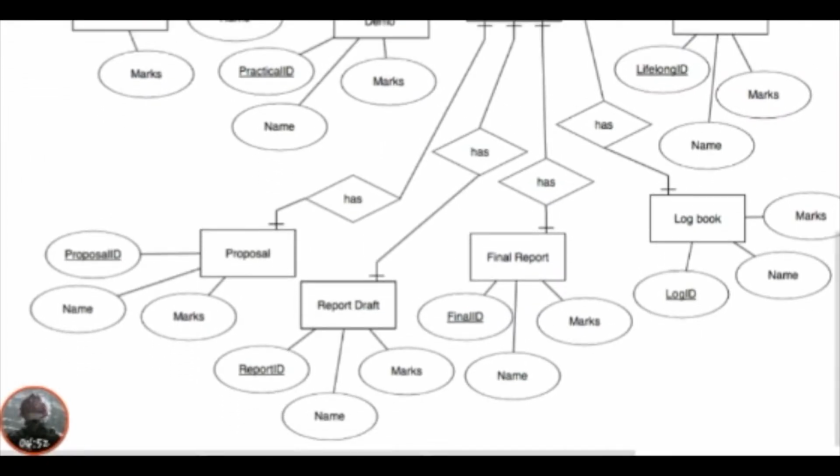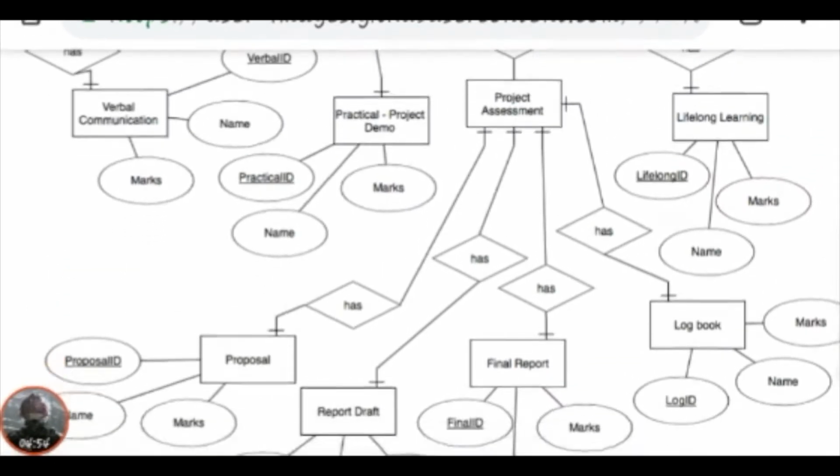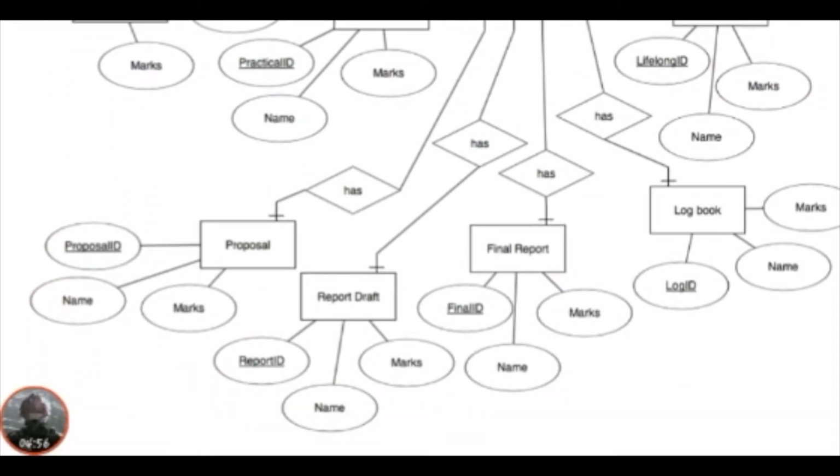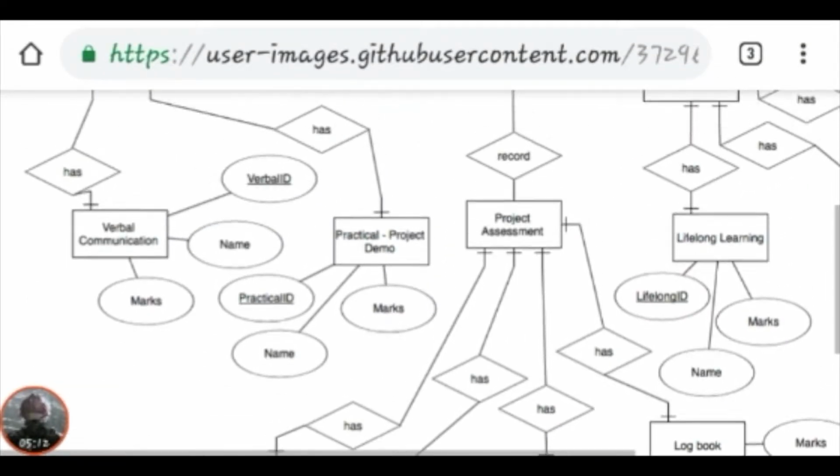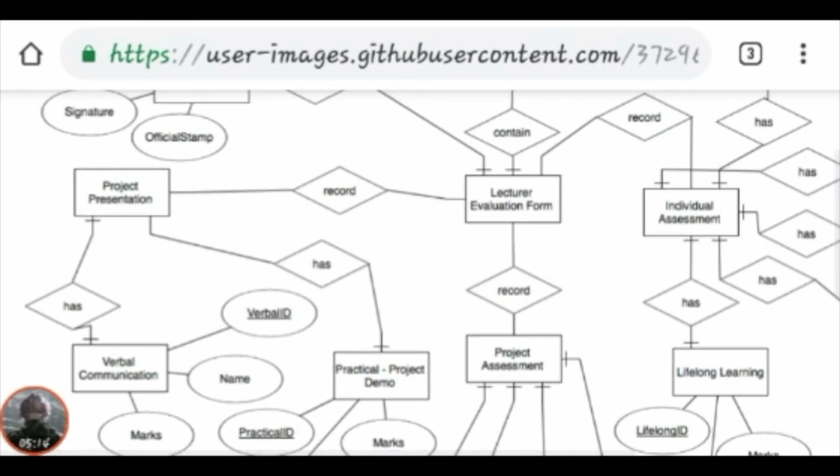Last but not least, project assessment has a proposal. The proposal entity also has three attributes, where proposal ID is the primary key, while name and marks are not primary keys. After that, we're going to see the next entity.